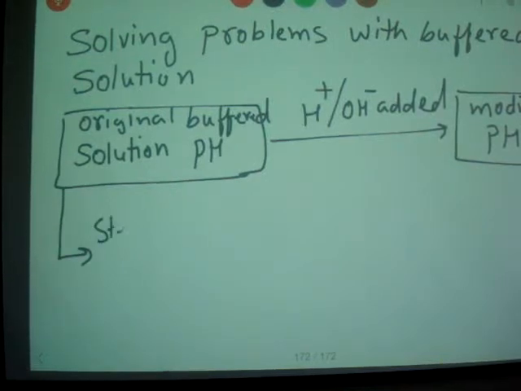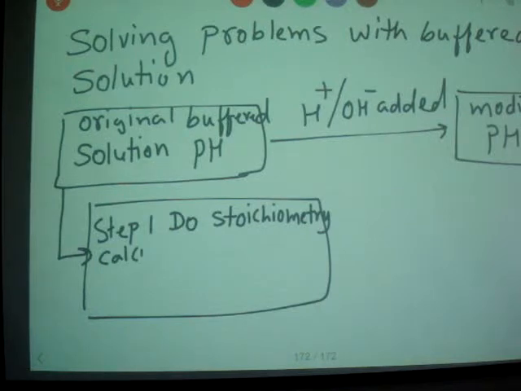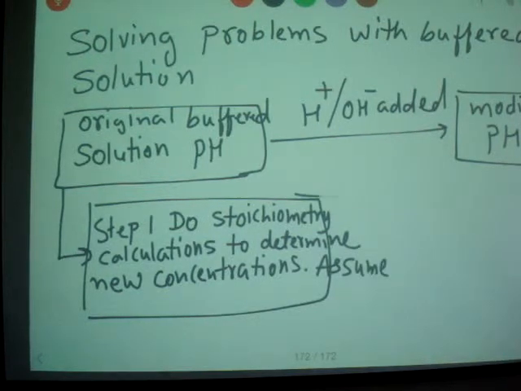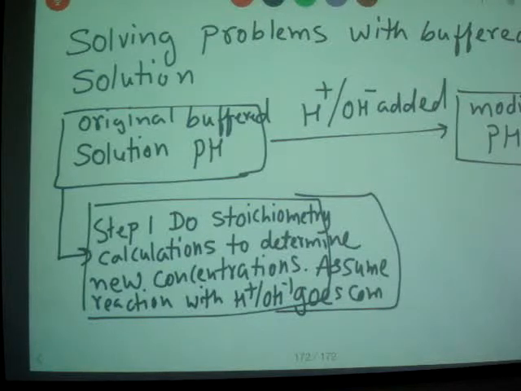Step 1: first you need to do a stoichiometry calculation to determine the new concentrations, and we assume the reaction with H plus or OH minus goes to completion.